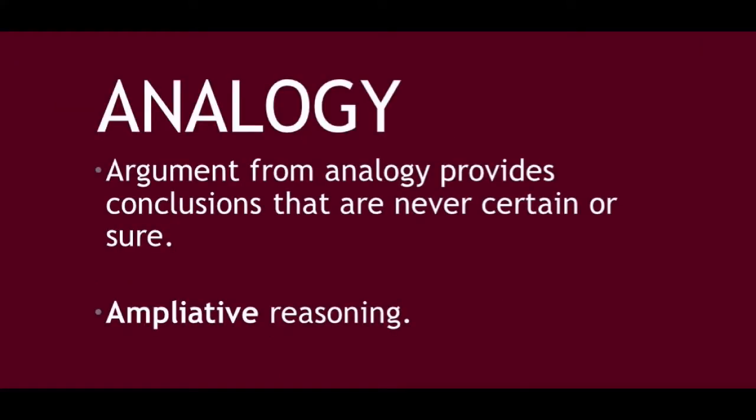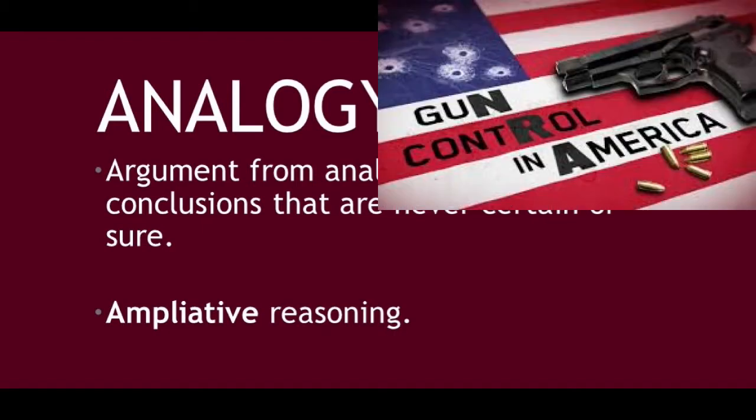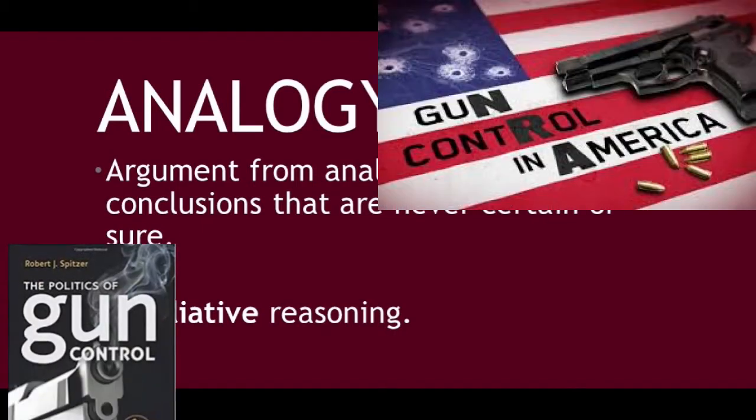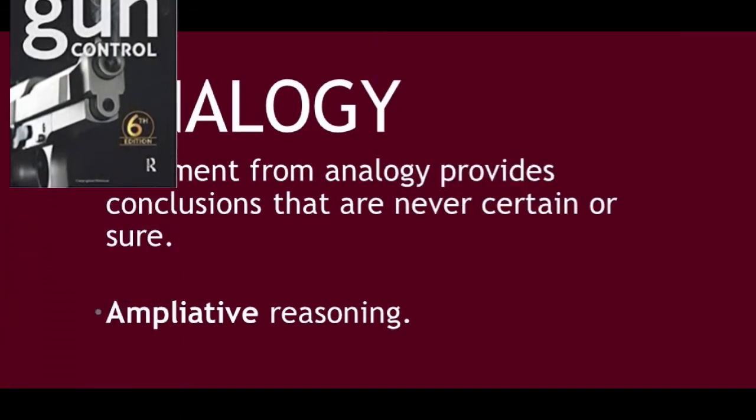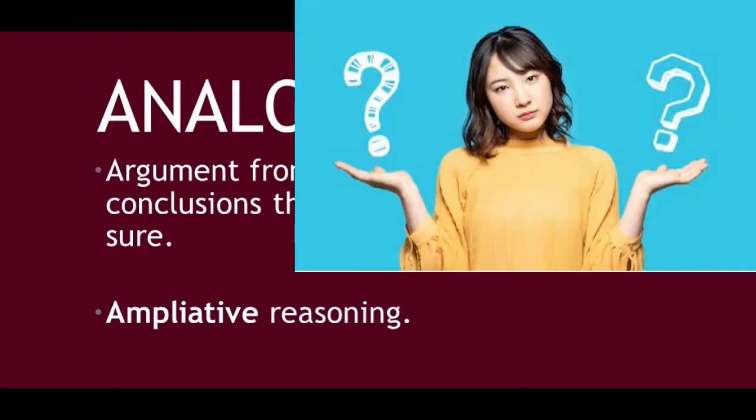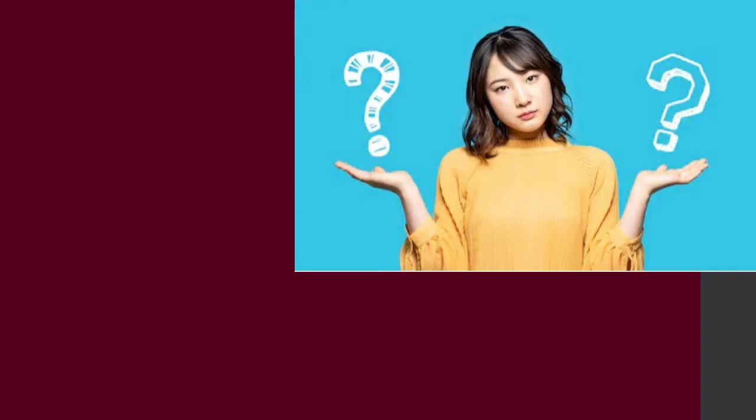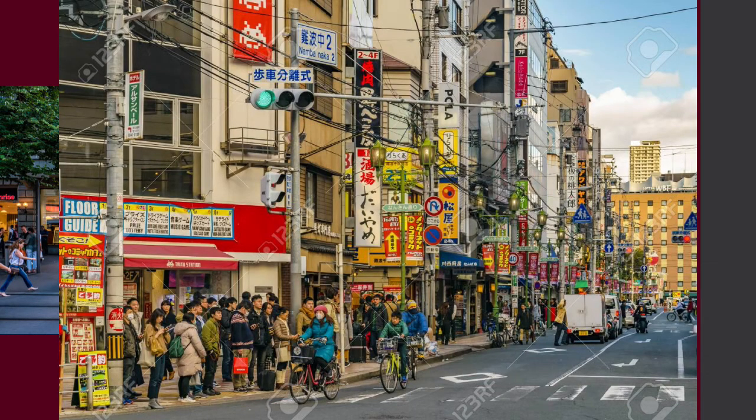In recent years here in the United States, arguments have been presented in the debate over gun control. Some of these analogical arguments have tried to draw conclusions based on comparing the United States with other countries like Switzerland or Japan.